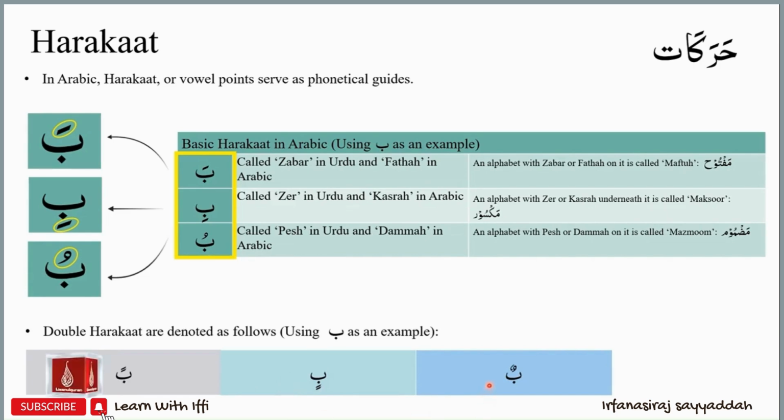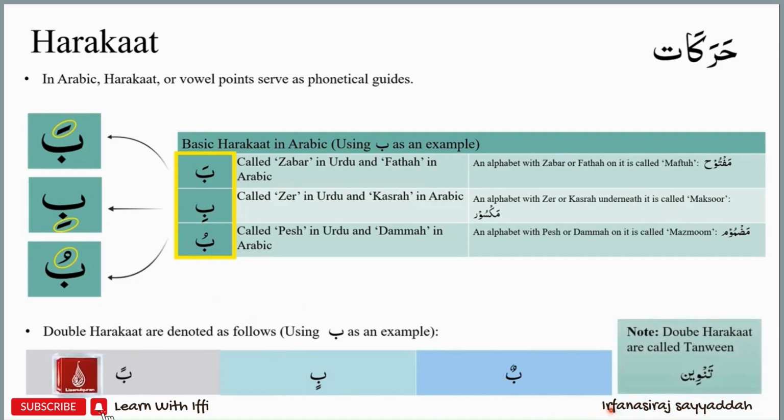And the presence of double pesh on top of ba will produce the sound bun. So depending on whether we have single harakat or double harakat, we will have the sounds ba versus ban, bi versus bin, boo versus bun. Double harakat are called tanween.